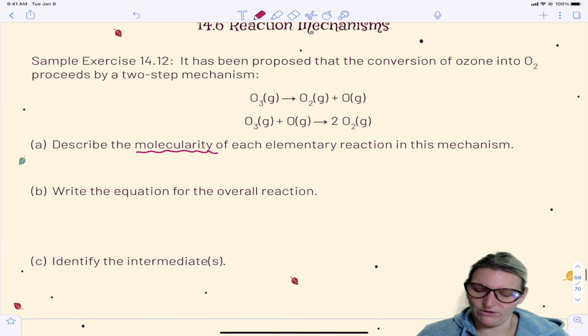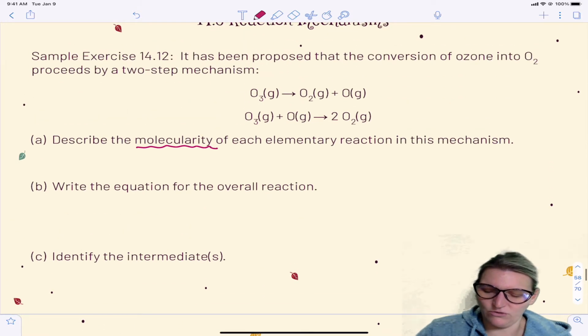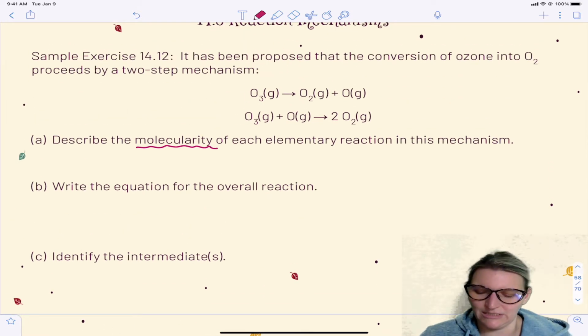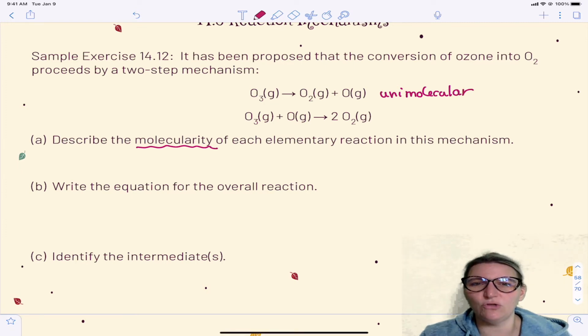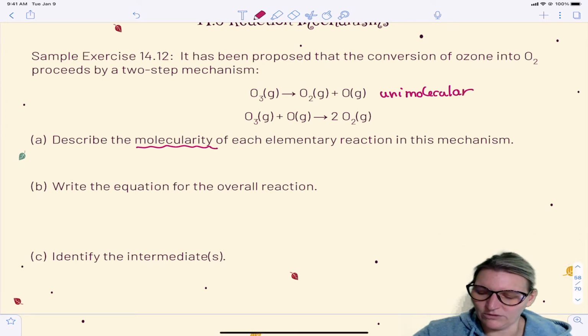And so if we look at this first reaction, you see that it's just O3 decomposing. So this is unimolecular. The second reaction shows two species colliding. So this would be bimolecular.